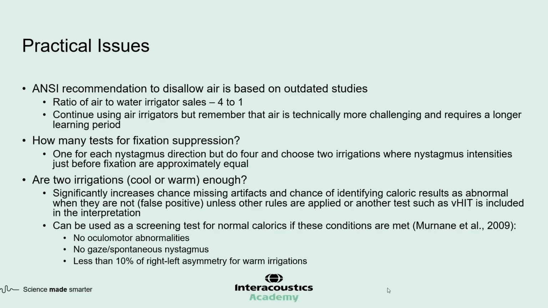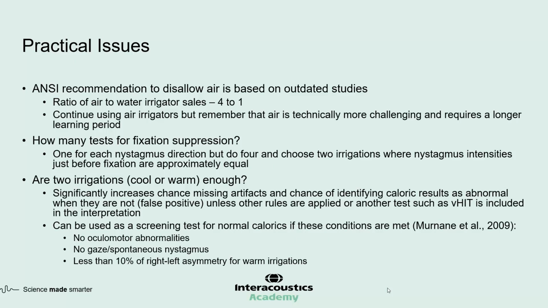The ratio of air to water irrigator sales is about 4 to 1, so the customers mostly prefer air for the same reasons that we have discussed before. If you are using air irrigators, you can continue using them as long as you have technically managed them and you have gone through the learning period to use them effectively.